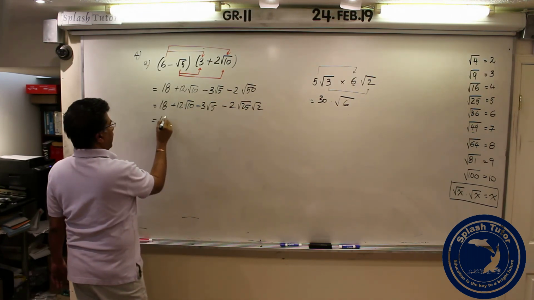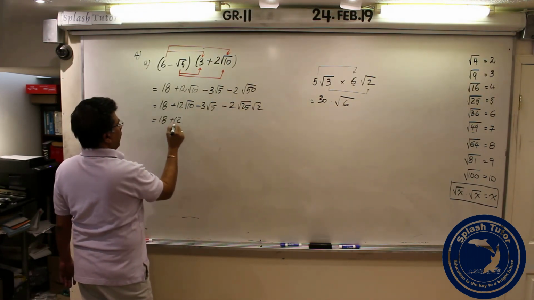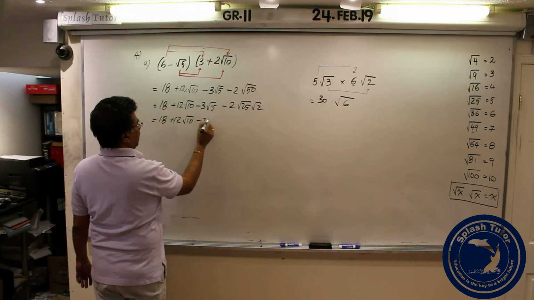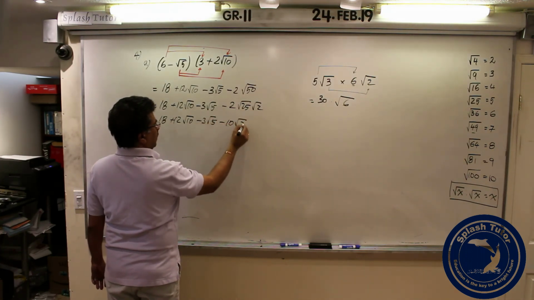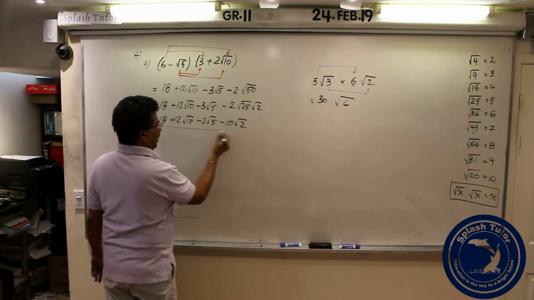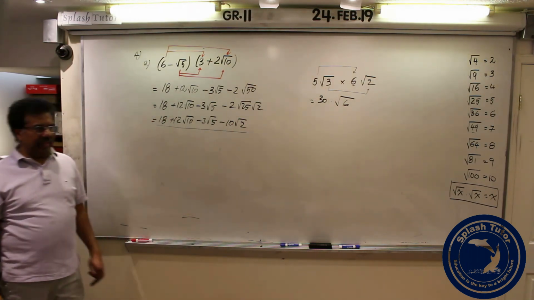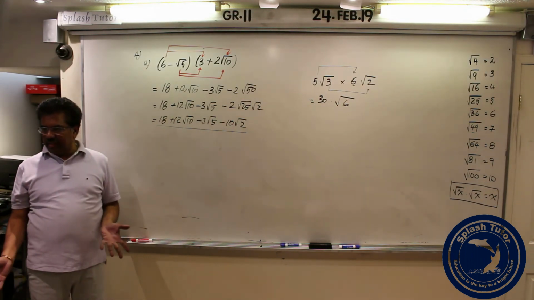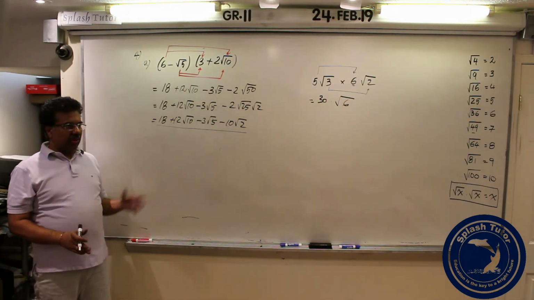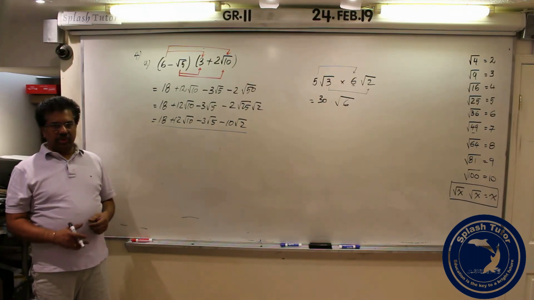The final answer is 18 plus 12 root 10 minus 3 root 5 minus 10 root 2. So we cannot do anything else here. We have to leave it, because these all are different radicals. We cannot add. There's no simplification on this. So the answer is this.